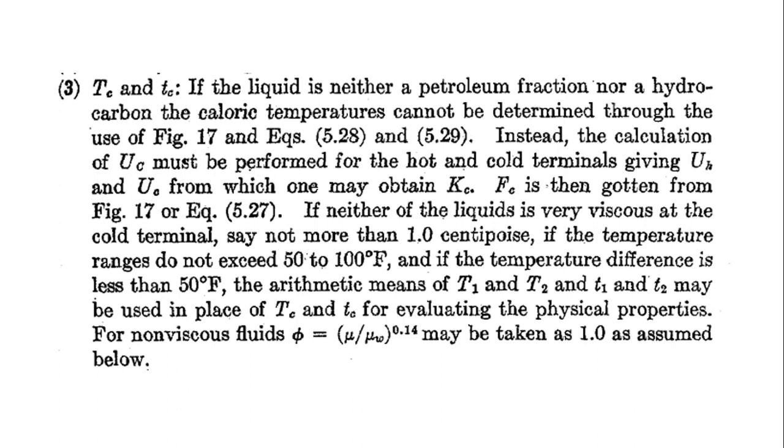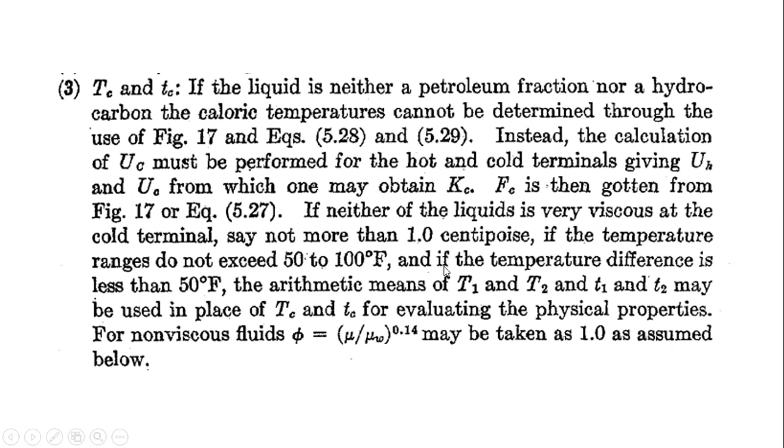This is the first point. The second point is, if the temperature ranges do not exceed 50 to 100 Fahrenheit, right? Previously we saw the temperature ranges when we determine the caloric temperature. So we have to see that the temperature range for the hot fluid and the cold fluid is between 50 and 100. This is the second point.